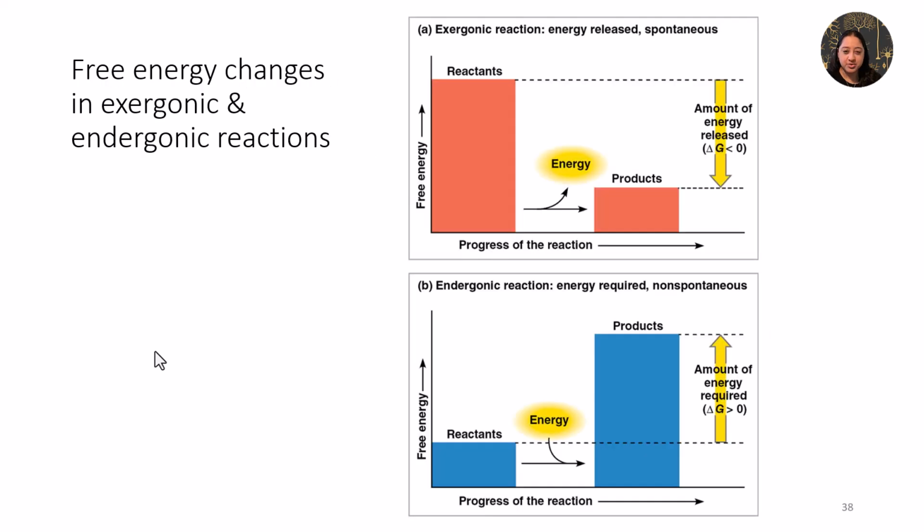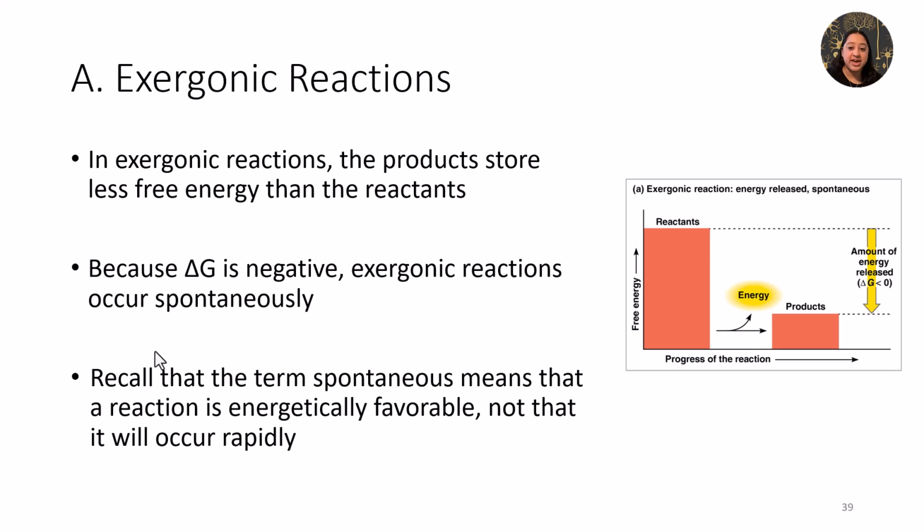Let's break this down first. Exergonic reactions, again, exer, kind of like energy outside. In exergonic reactions, the products store less free energy than the reactants. In this bar graph, this is kind of like over time.